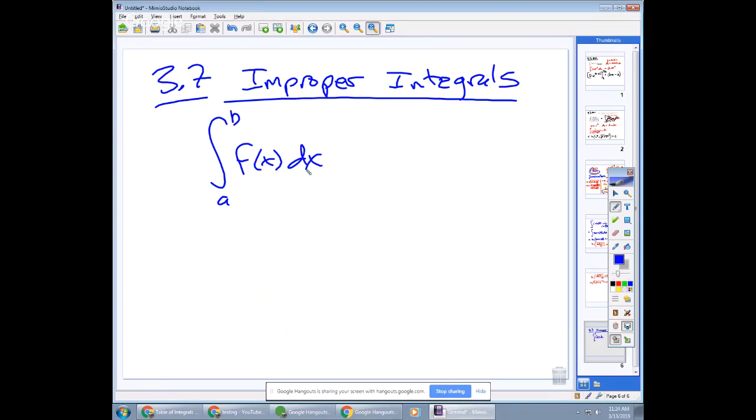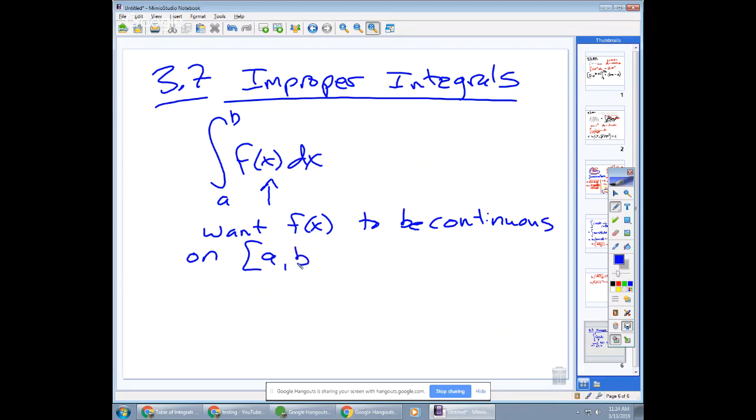Because it has boundaries on it. And the conditions on f of x that allowed us to turn a Riemann sum into an integral, we want f of x to be continuous on the interval from a to b.